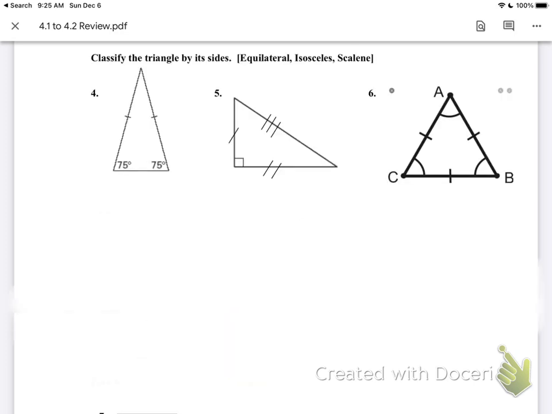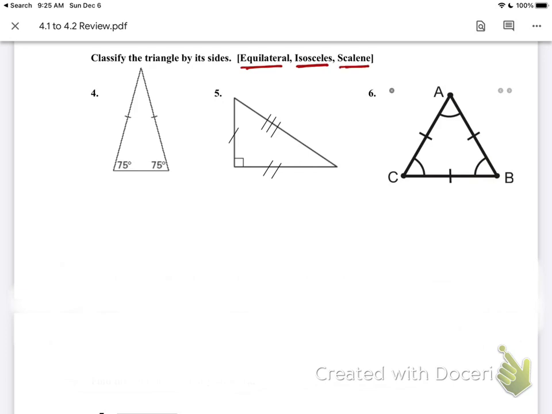Okay, here the problem says classify the triangle by its sides. So by its sides, we're going to use one of these words. Equilateral means all the sides are the same. Isosceles means at least two sides are equal. And scalene means that no sides are equal.